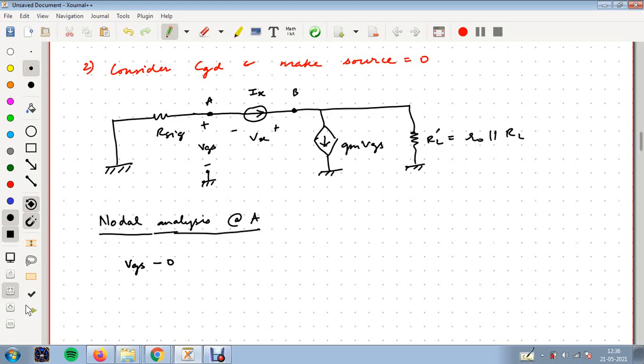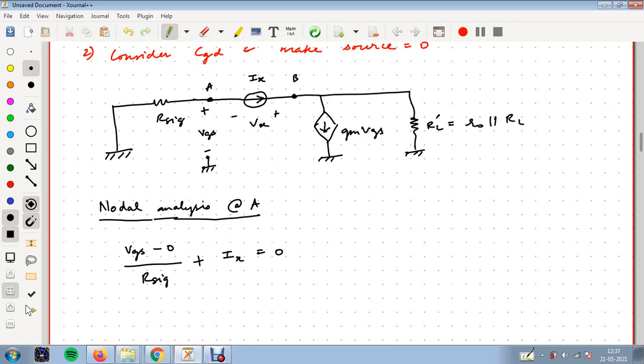So VGS minus 0, that is your ground, divided by R signal, plus Ix equal to 0.